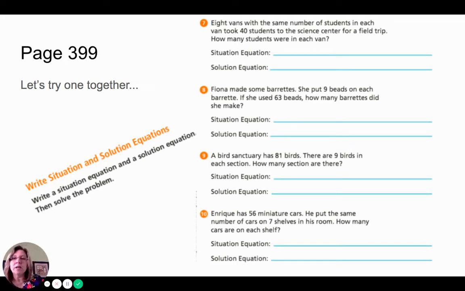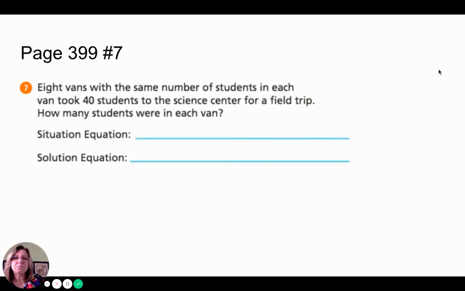All right, let's look at number 7. 8 vans with the same number of students in each van took 40 students to the Science Center on a field trip. How many students were in each van? Okay, so let's think about this. What's the situation?